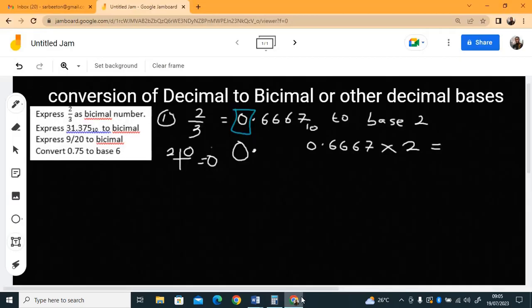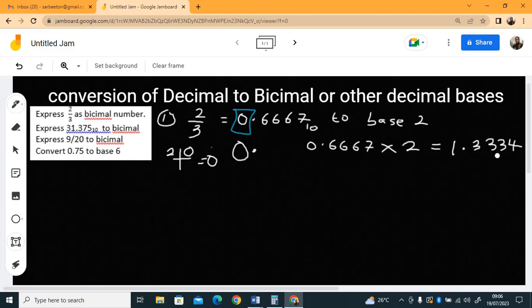Very good. So my final answer here is 1.3334, right? Now you have 1 here, this whole number; leave it alone.